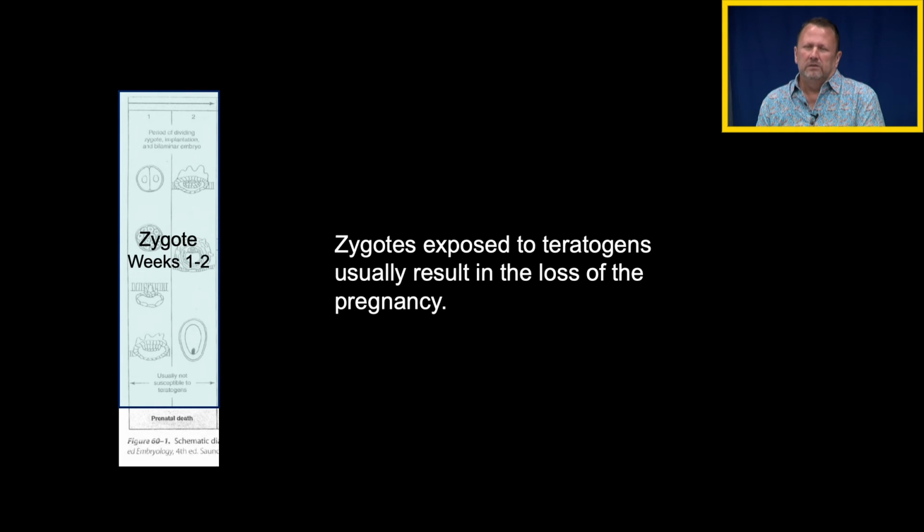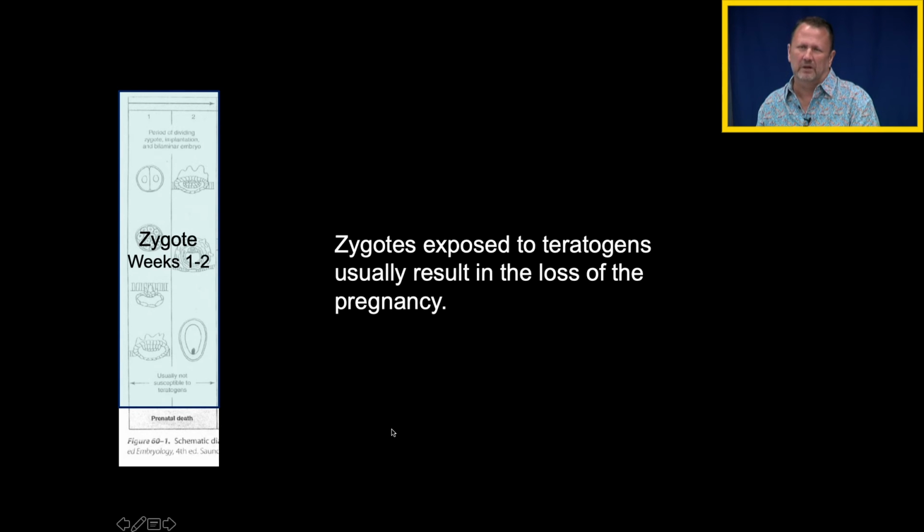All right, well, if a teratogen affects a zygote, a baby in its first 2 weeks of conception, the teratogen just usually destroys the pregnancy. There aren't any organs involved at this point. The whole glob of cells are all basically related to each other. And so teratogens in the zygotic period usually result in prenatal death. Maybe the woman won't even know she was pregnant.